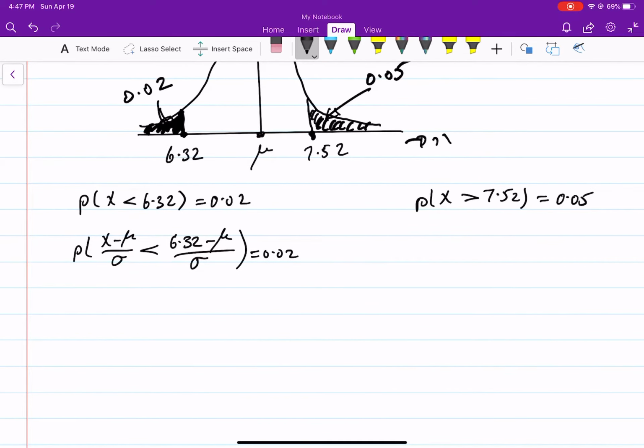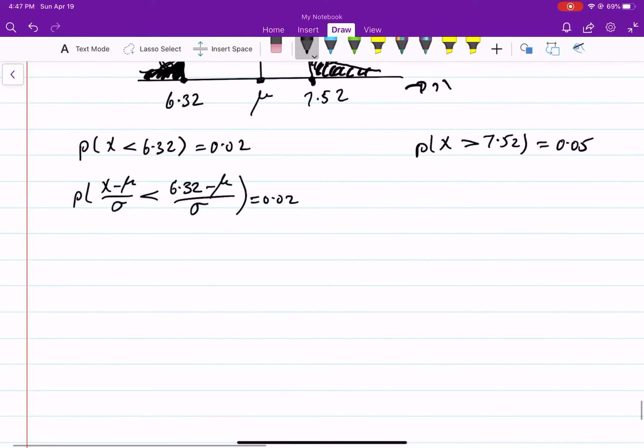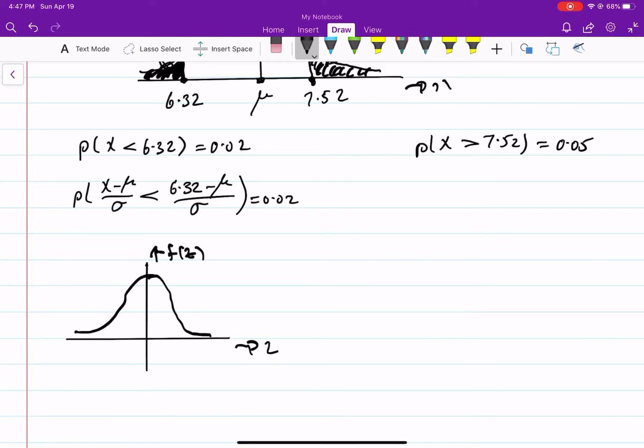And then I'll draw the f of z versus z graph, the standardized graph for this guy. This is f of z versus z. Now, this value here is going to end up being some specific value of z, which I'm going to refer to as z1.